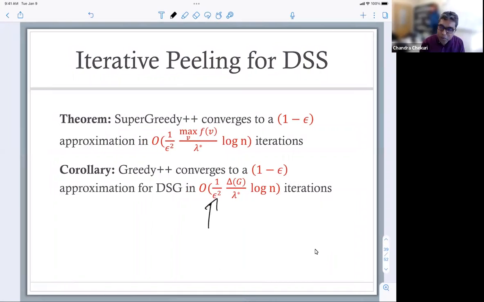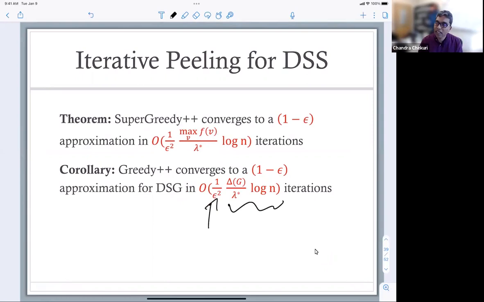The dependence on epsilon is 1 over epsilon square. That's okay. But we have this term, log n times the degree divided by lambda star. So at least we are proving it is convergent.